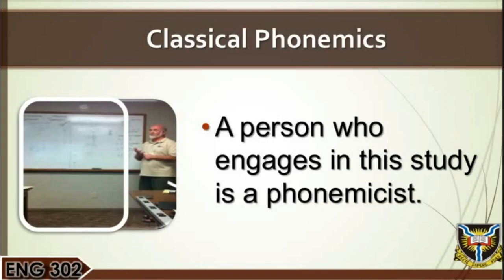However, while using complementary distribution as a guide to determining the allophones of a phoneme, we have to watch out for some exceptions. For instance, the /h/ sound and the /ŋ/ sound do not occur in the same position in the English language. While /h/ occurs only as the initial sound of a syllable, as we have in 'hot' and 'ahead', ahead being two syllables, /ŋ/ only occurs as the final sound of a syllable.